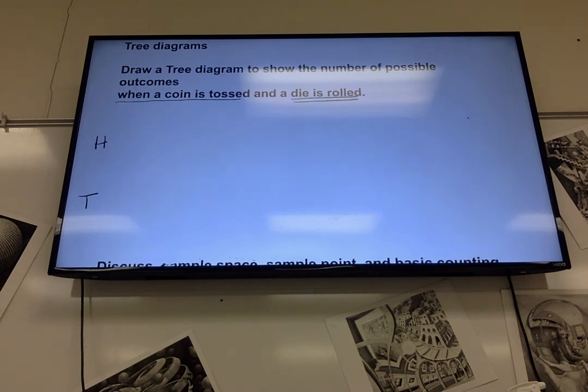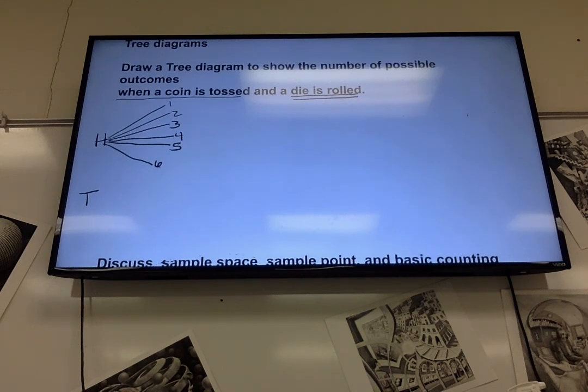What are the outcomes there? 1 through 6. So you could flip, get heads, and then you could get a 1, 2, 3, 4, 5, 6. This is why it's called a tree diagram, because it has branches.